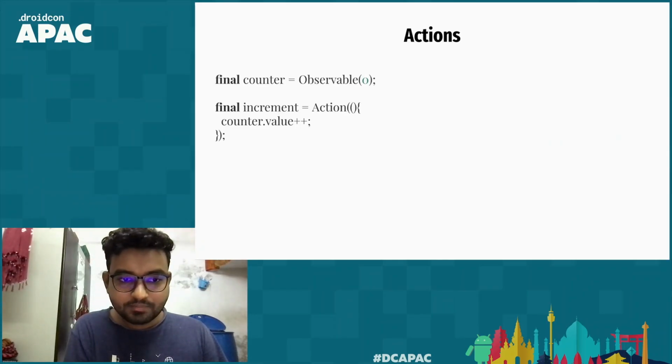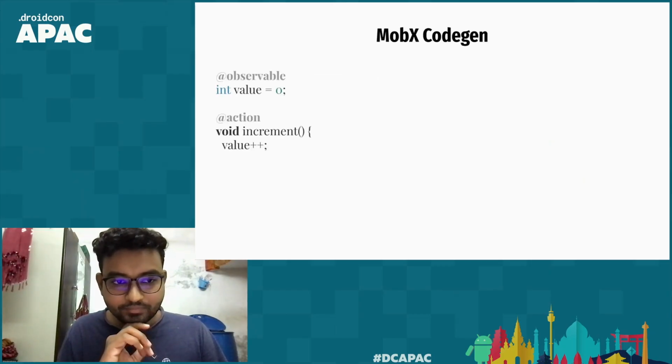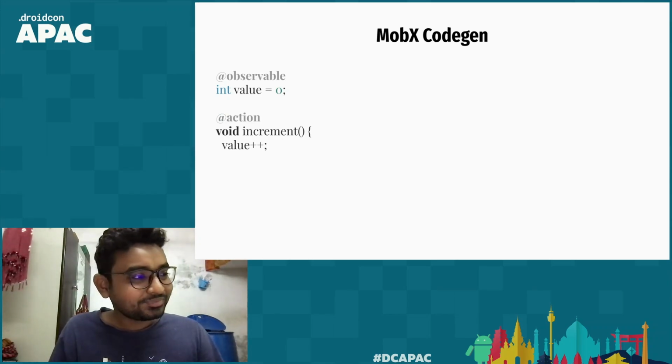So this is written in pure MobX. Using code gen, it will look something like this. Integer value is equal to 0, then void increment, we are going to use the action annotation, and we are simply going to do value plus plus. Sorry, I actually forgot to close the curly brace.